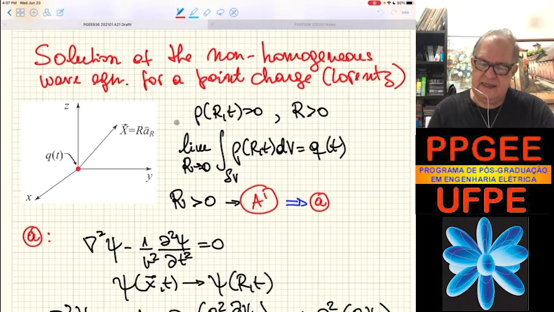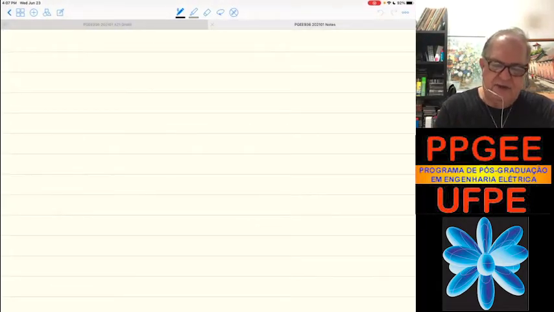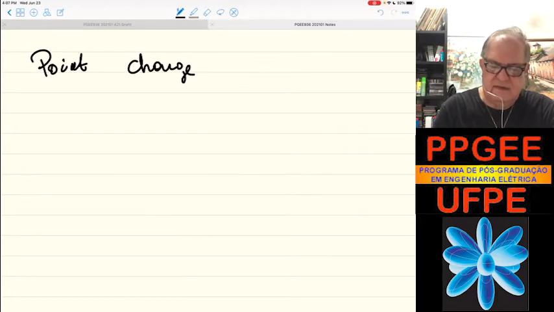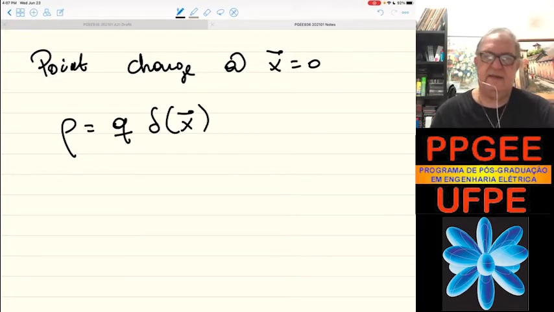So what's the density in this case? Well, we know, right? A point charge at x equals 0 has a density rho, which is q delta of x, right? Delta function. What does it mean?